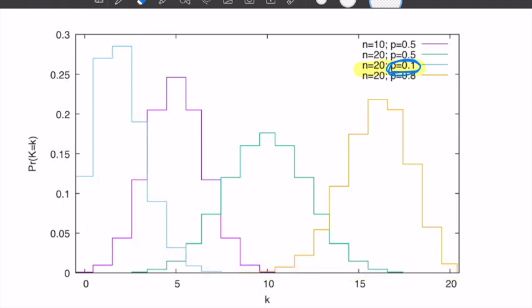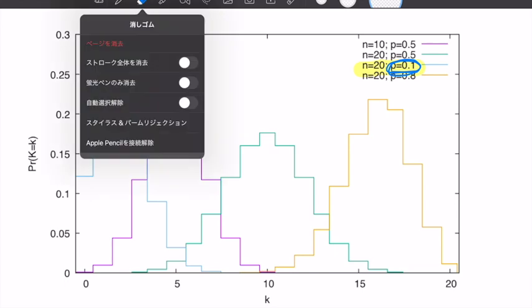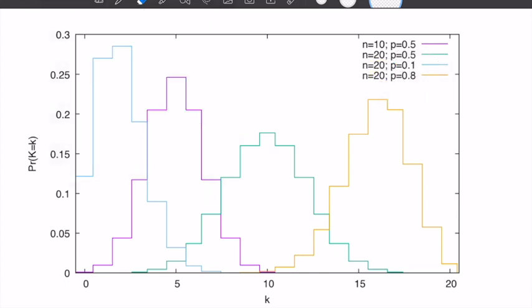But for high values of k, the probabilities are very small. In contrast, when the probability of obtaining a head is big, then we have a distribution shifted, biased towards higher values of k.